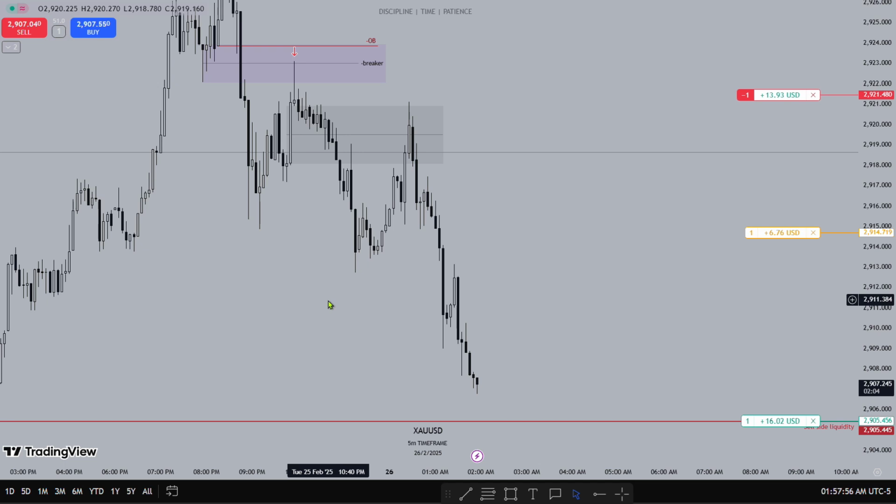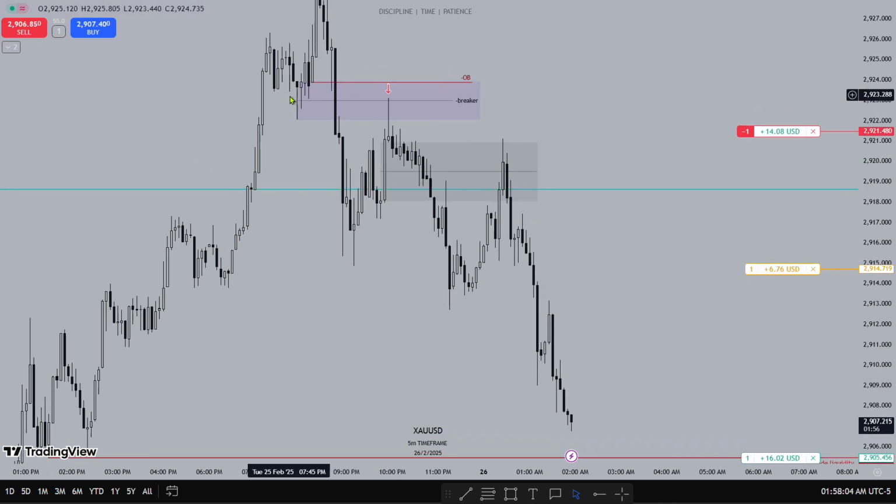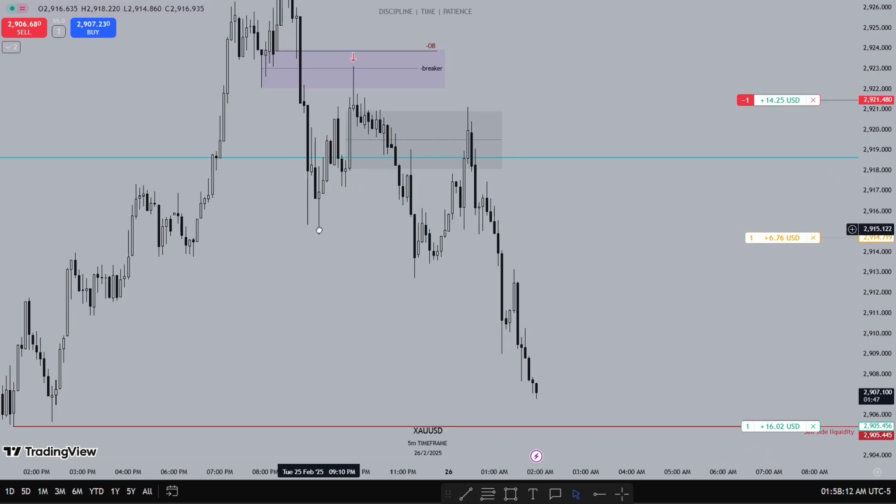Or inversion fair value gaps ahead of breakers can be used as entries also. But you're gonna prioritize the wick of the breaker rather than the body. Don't expect price to return back to the body. I mean, it can in a high resistance liquidity move, but most times it doesn't. If you are really low resistance.